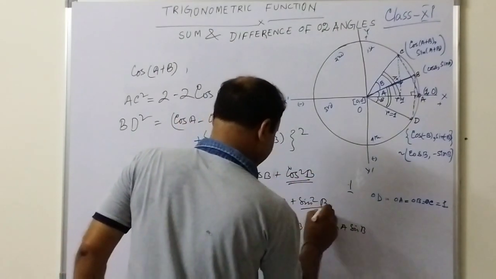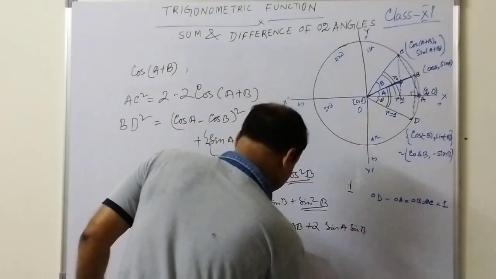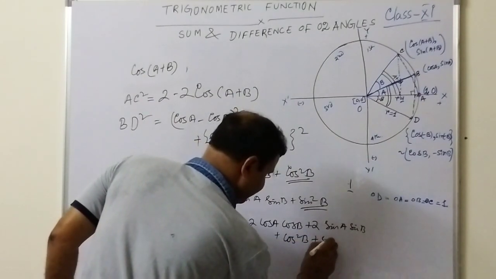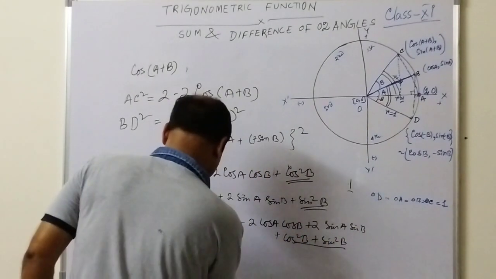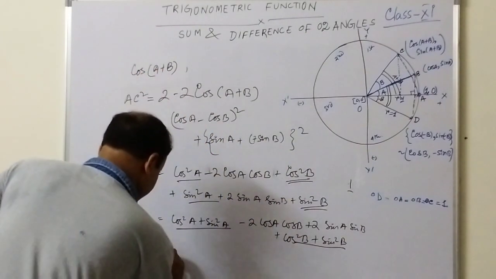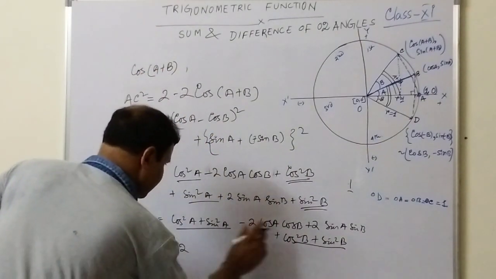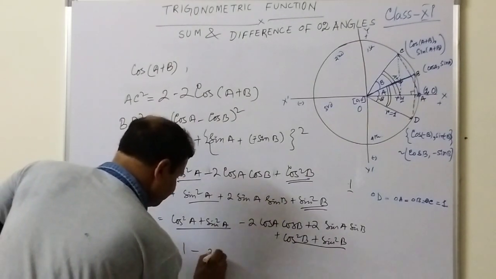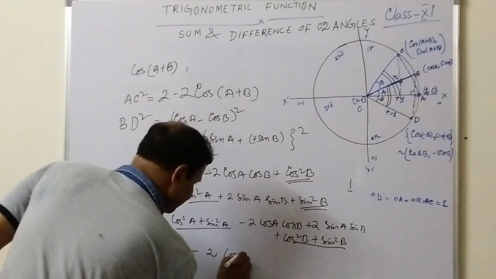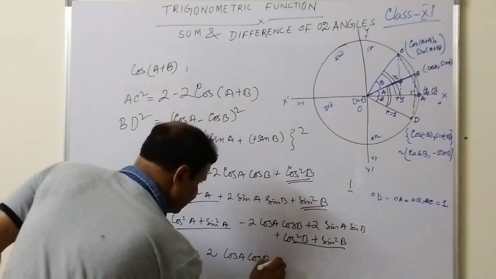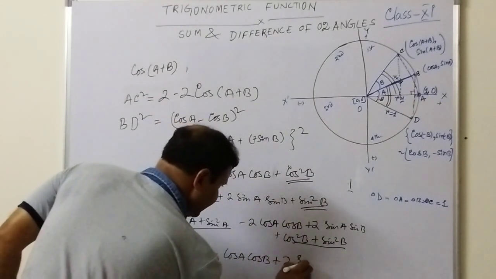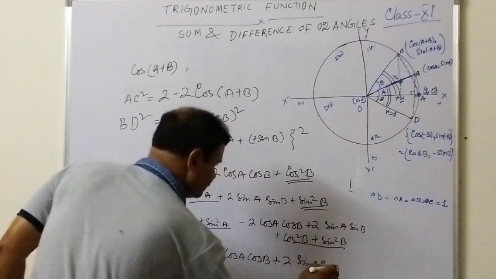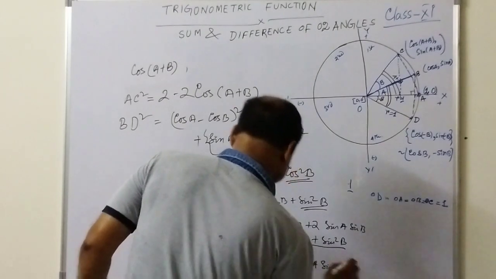So cos square B plus sin square B. So this is again 1, this is again 1. So this is coming 2, 1 is here, from 1 let's write 1, 2 minus 2 cos A cos B plus 2 sin A sin B plus 1.